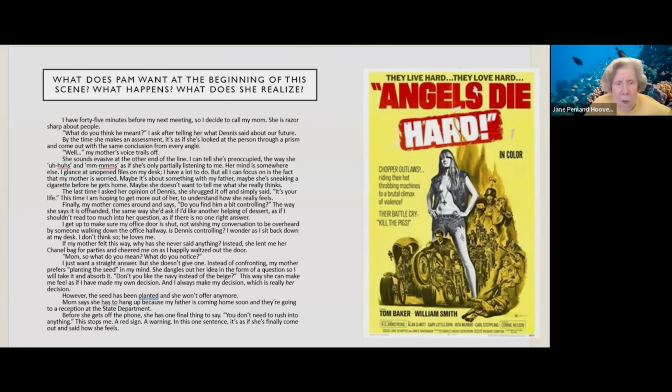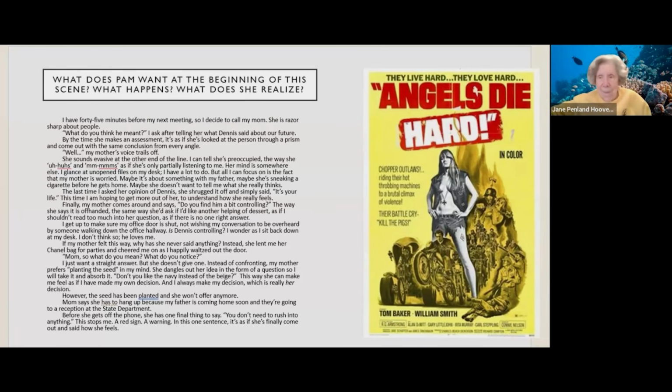Instead, she lent me her Chanel bag for parties and cheered me on as I happily waltzed out the door. Mom says she has to hang up because my father's coming home soon. Before she gets off the phone, she has one final thing to say. "You don't need to rush into anything." This stops me, a red sign, a warning. In this one sentence, it's as if she's finally come out and said how she feels.